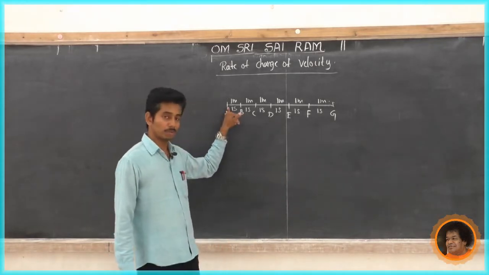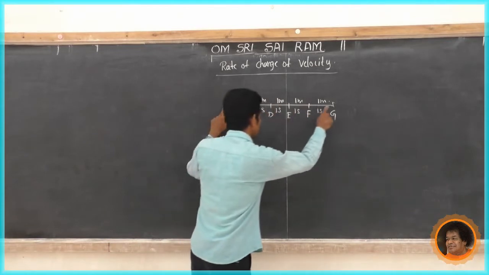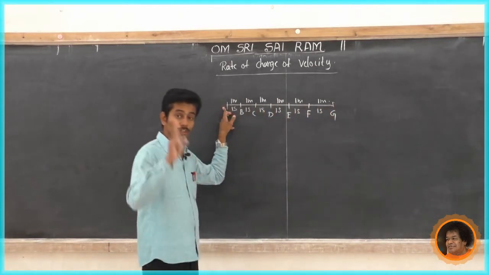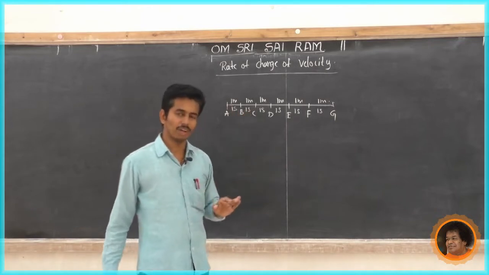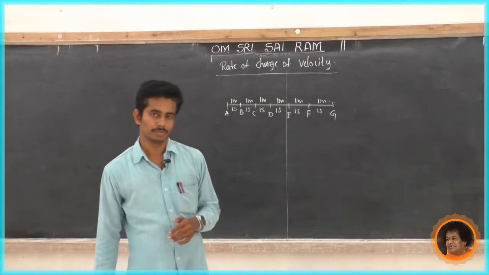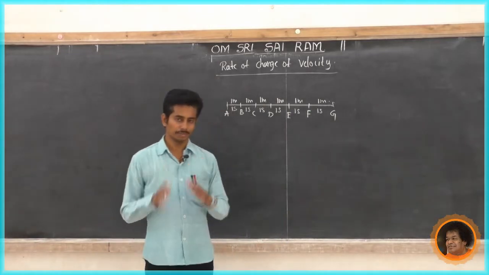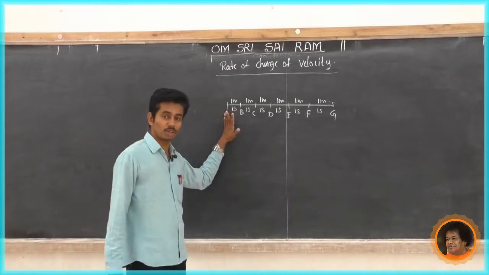So object or any body or any vehicle which moves along a straight line with uniform motion. Now tell me, in this case the velocity is constant or is changing with the time? Is it constant? Yes, it is always constant.